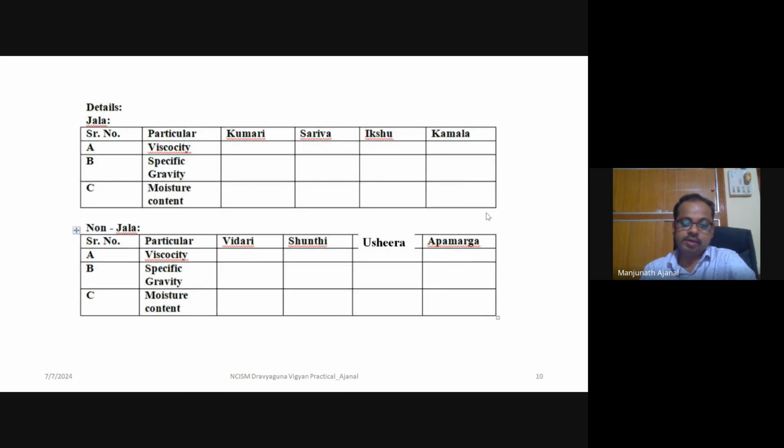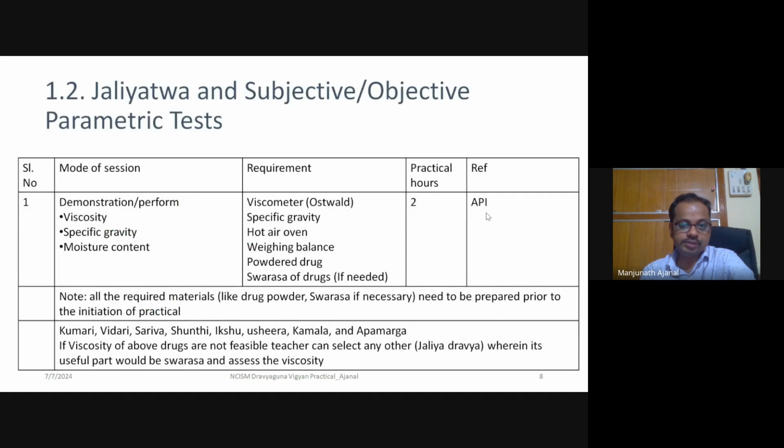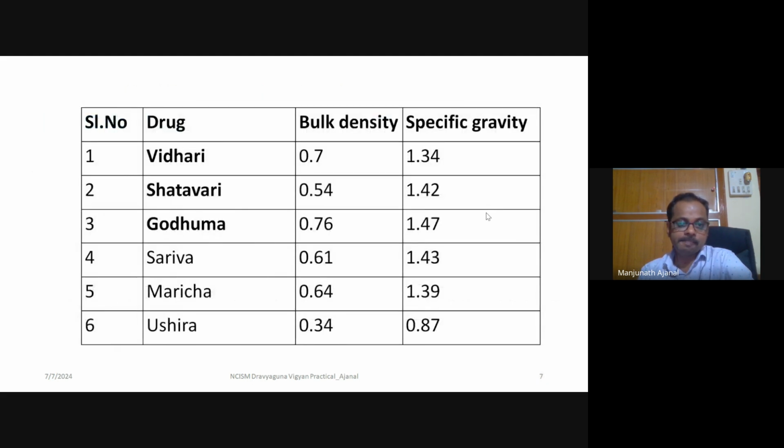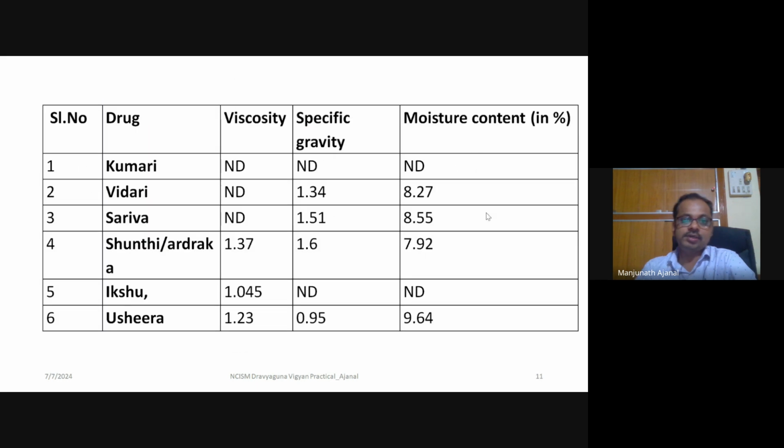Next, one more important parameter is specific gravity and moisture content. Moisture content is based on the hot air oven, where you need to expose the particular drug in powder form for 5 hours continuously at 105 degrees Celsius, so that you can note the moisture content. This is what we did with our students. We examined 6 Dravyas: Kumari, Vidari, Sariva, Shunti, Ardraka, and Ikshu and Ushira.